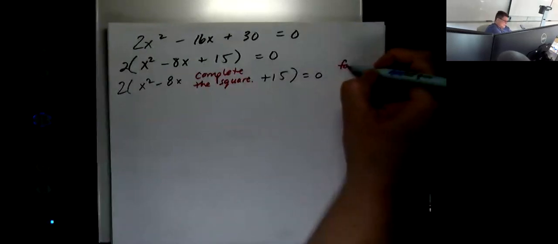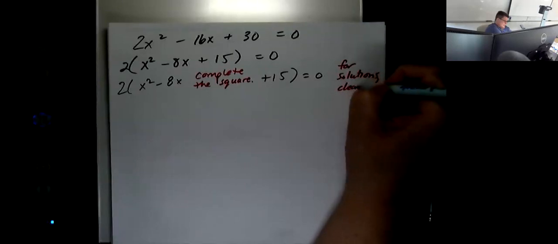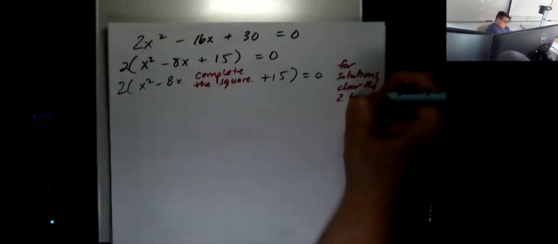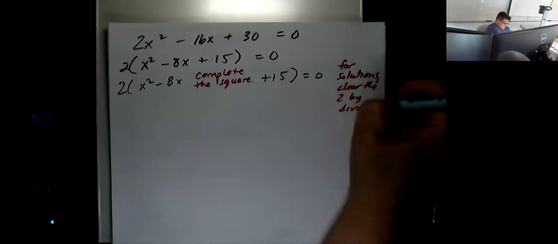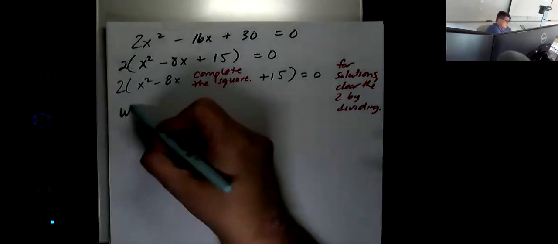For solutions, you can clear the 2 by dividing. When we get to graphing, you need to leave the 2 in.